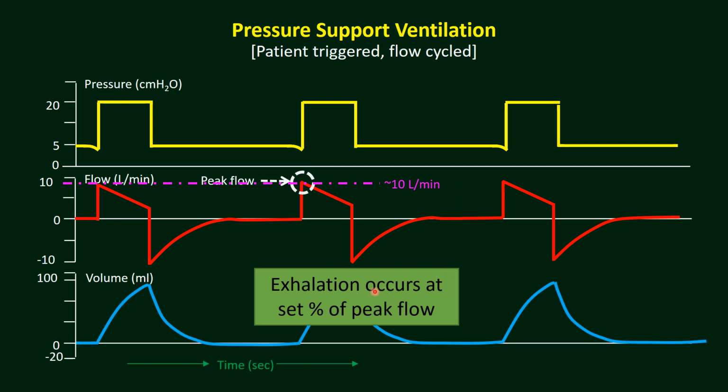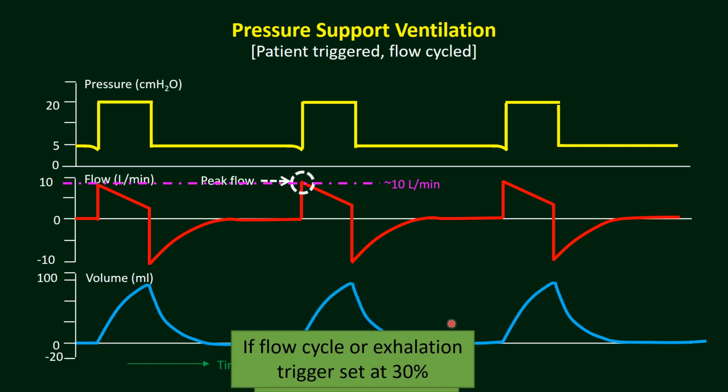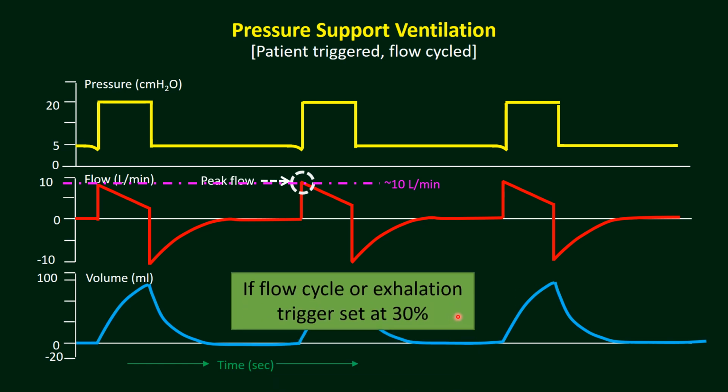Say exhalation occurs at a set percentage of peak flow, and as I told earlier, it can be 25 or 30 initially by default. So, 30% of 10 liters is actually 3 liters per minute.